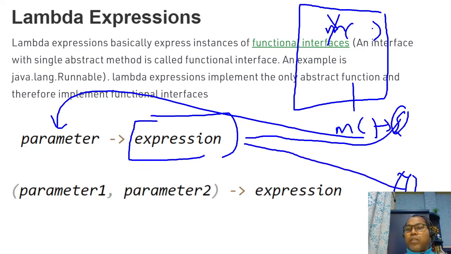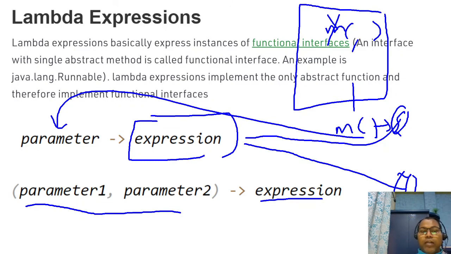If your method takes two arguments, three arguments, you pass parameter one, two, three, and write your expression. So this is such a concise syntax for writing a local implementation class of an interface, or you can say an anonymous class, or you can say a lambda expression.